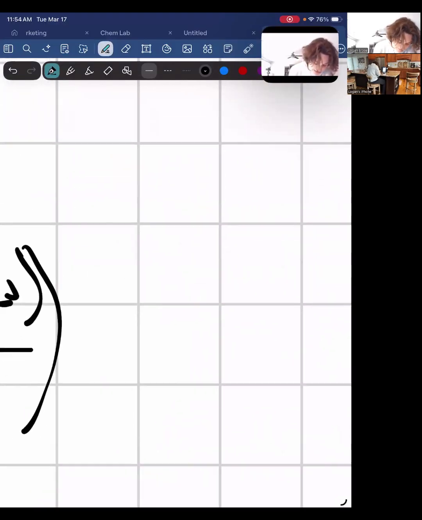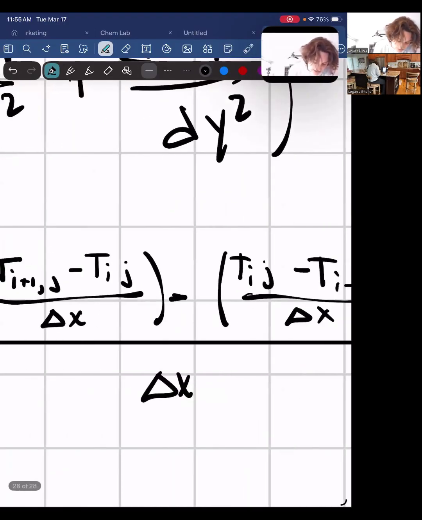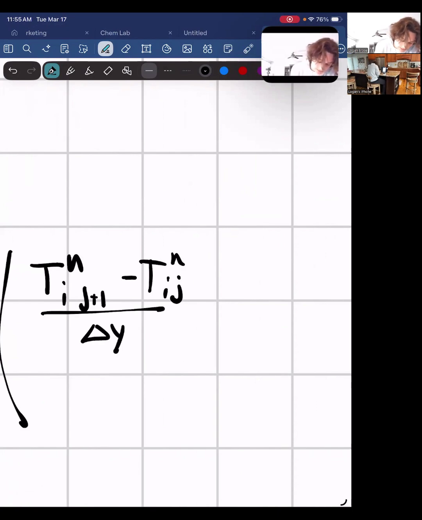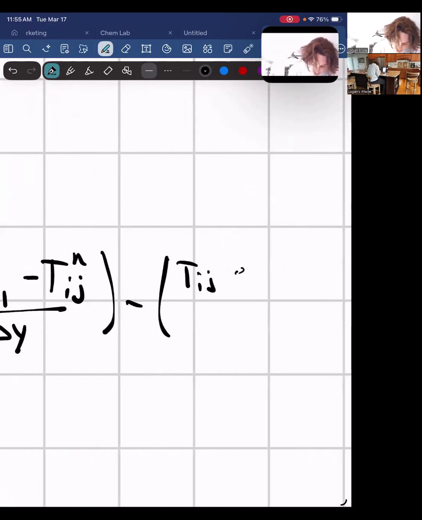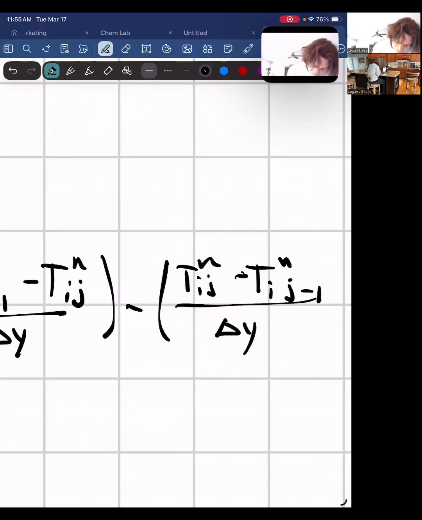Then we can repeat this for our y. We have our T, and these all are with respect to time. Our T i, j plus 1 minus our T i j, right, over delta y, minus our T i j minus our temperature at a change in position downward, right, over our change in y.